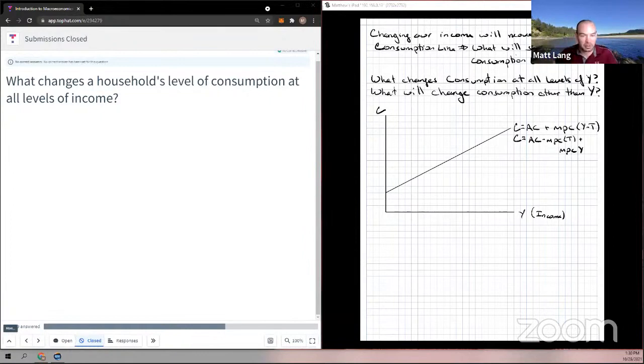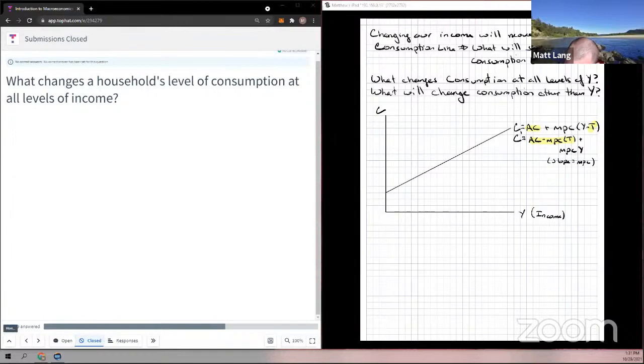Our slope is equal to MPC, and our intercept is AC minus MPC times T. You don't necessarily need to know the math on that right now, but we've essentially taken all the fixed components, AC and T, and said that's captured by our intercept. Then we've got MPC times Y, and our slope is still MPC.